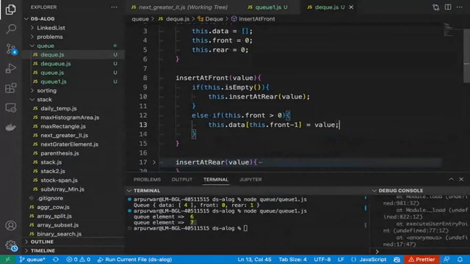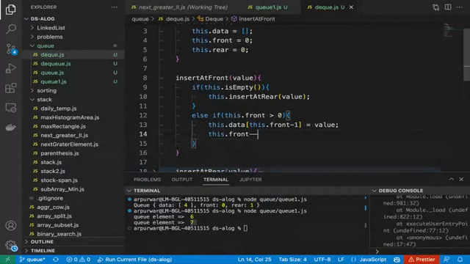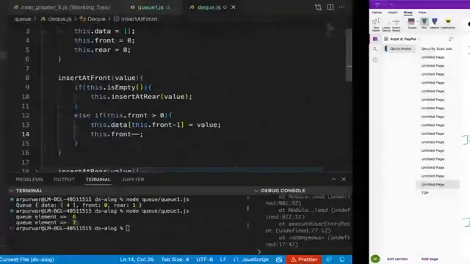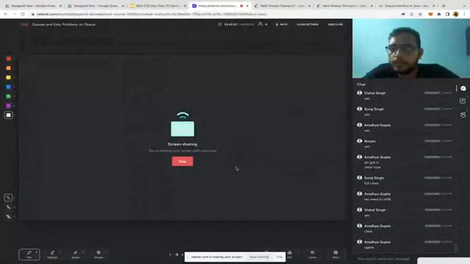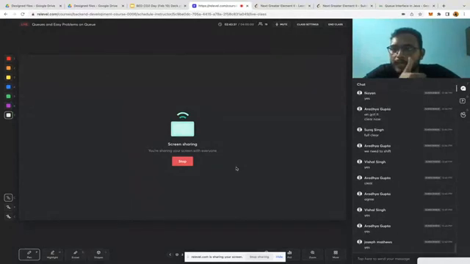At that position, keep it. And then do this dot front minus minus. Everyone understood this part also, where it's greater than 0, right?